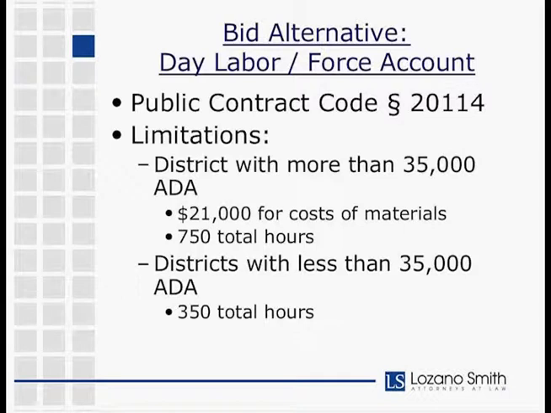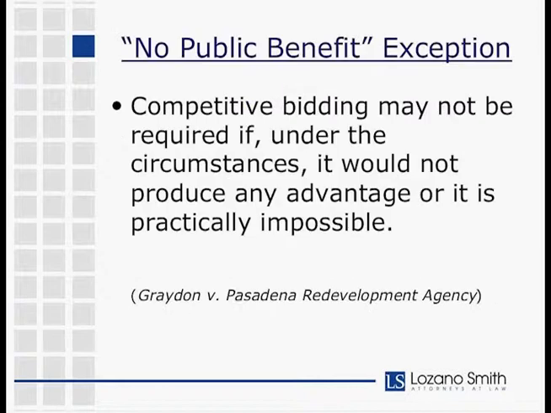The limitations are that it's a district with more than 35,000 average daily attendance. The limits are $21,000 for cost of materials and 750 total hours, and that's per project or for the particular work. And for districts with less than 35,000 ADA, the limit is 350 total hours. That one's pretty straightforward.